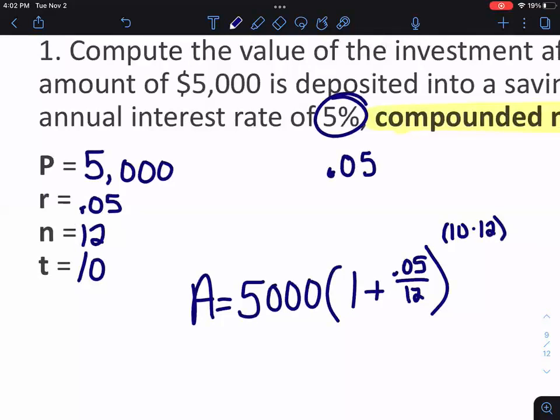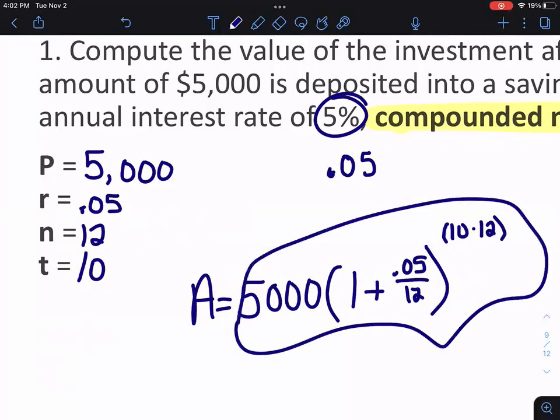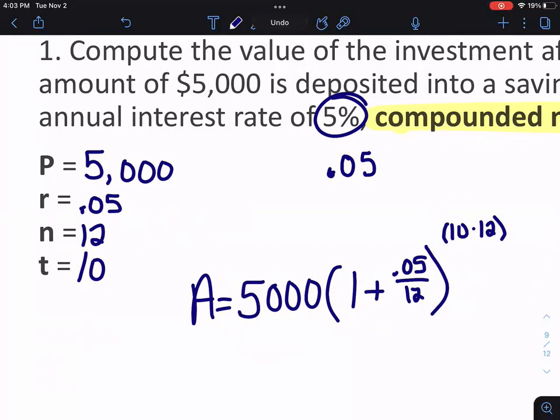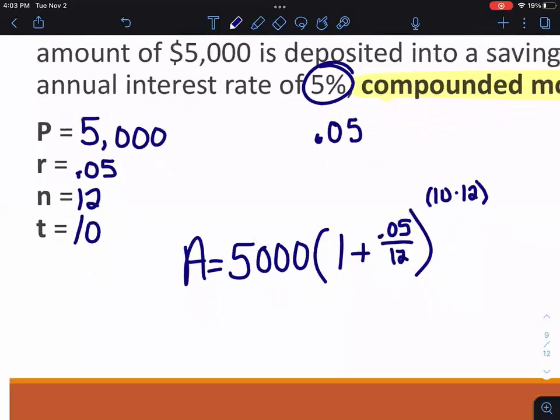That's the number of times it's compounded per year times the number of years. I've had some students who don't like to put that 10 times 12 up there, and they'll go ahead and multiply those together, and that's fine as well. You should be able to type all of this information into your calculator all at once if you're using those parentheses, so I highly suggest using those parentheses.